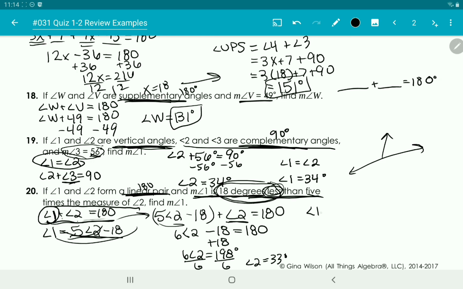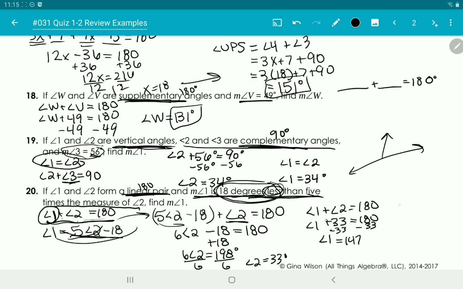So if we use the first one, we have angle 1 plus angle 2 is equal to 180. We can plug in this 33 degrees to solve, and if we subtract 33, that gives us 147.